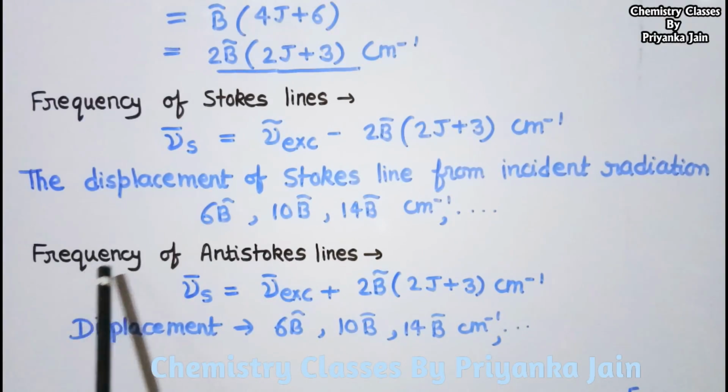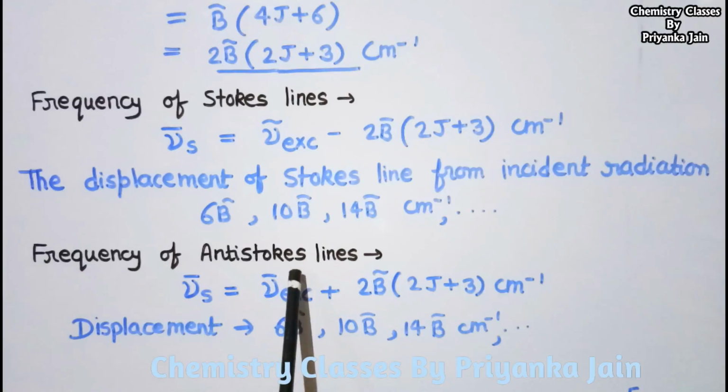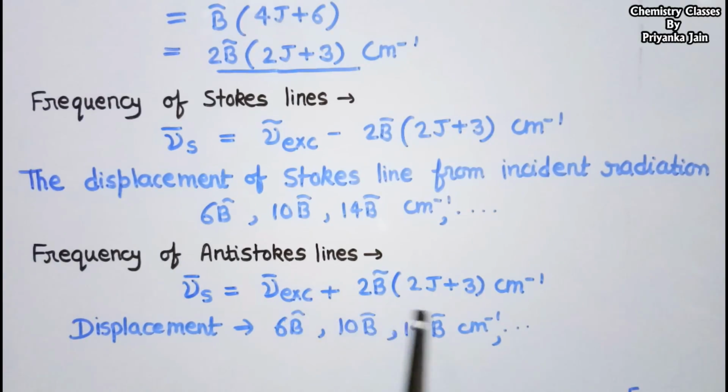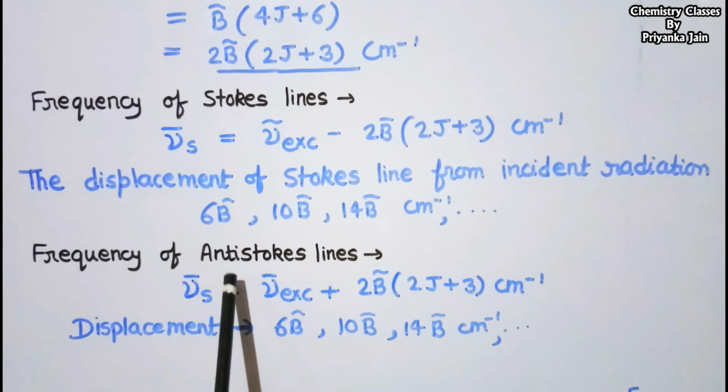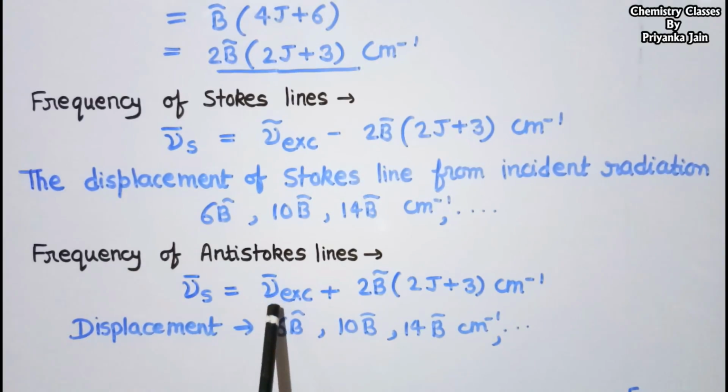Similarly, the frequency of the anti-Stokes line will be obtained by the addition of this term to the frequency of the exciting radiation. Why? Because we know that the frequency of the anti-Stokes line is always higher as compared to that of the incident radiation.